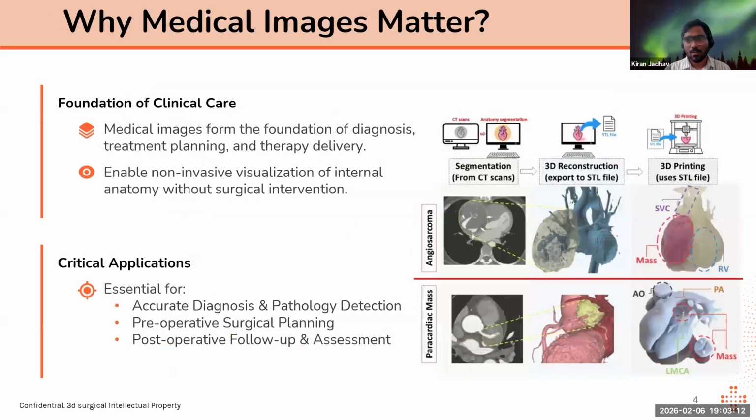So first of all, when it comes to imaging, let me talk about one particular scenario. If a patient had an accident and he's in the emergency room and the surgeon is looking at him, but he's not aware of the patient's condition, how much injury has happened.